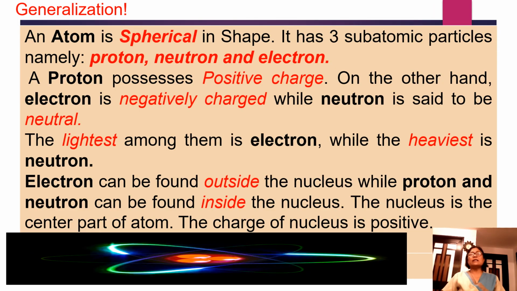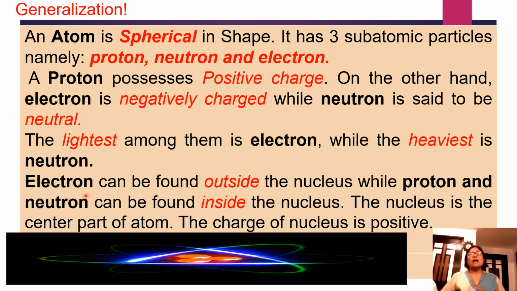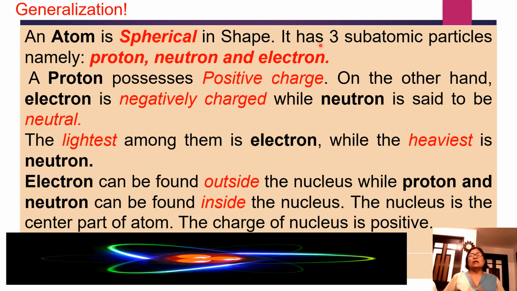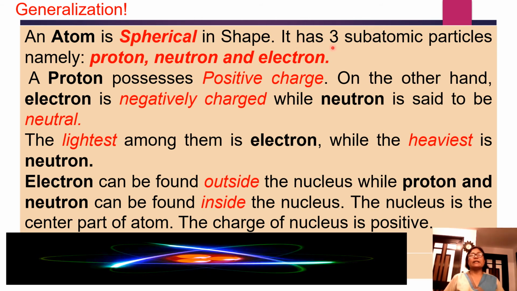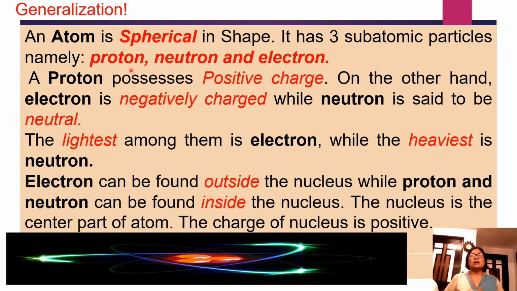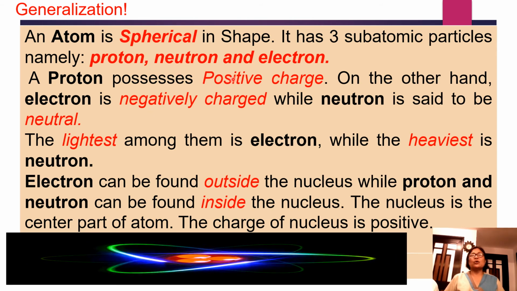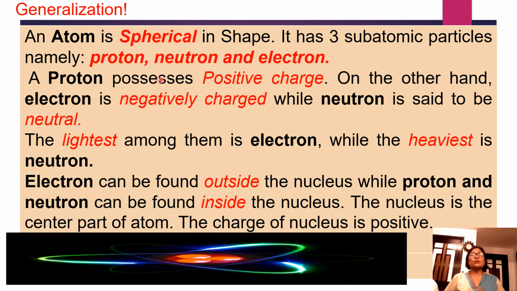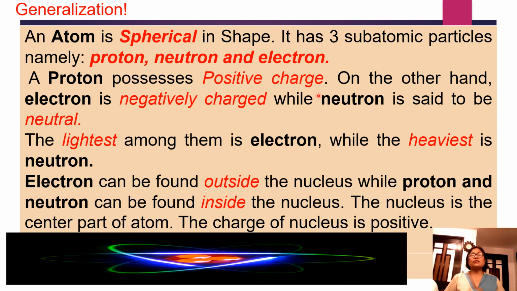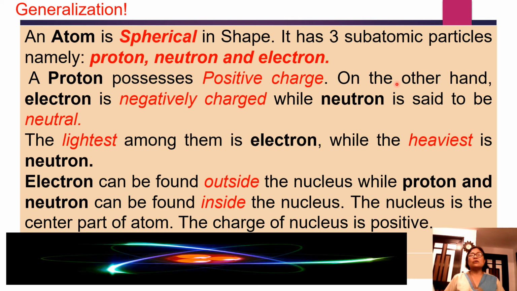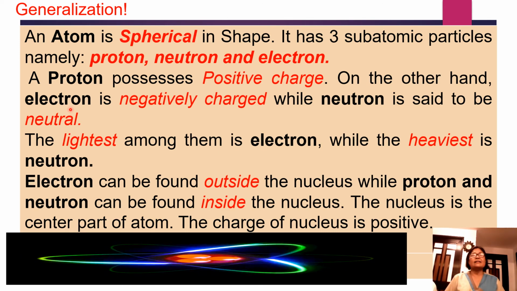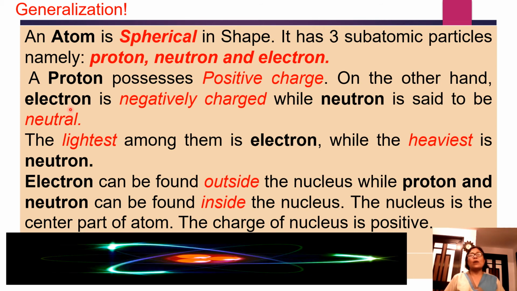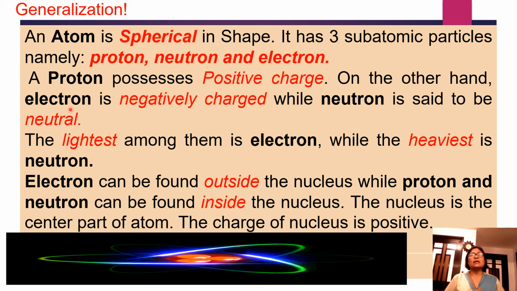And for generalization, an atom is spherical in shape. It has 3 subatomic particles, namely proton, neutron, and electron. A proton possesses a positive charge. On the other hand, an electron is negatively charged, while a neutron is said to be neutral.